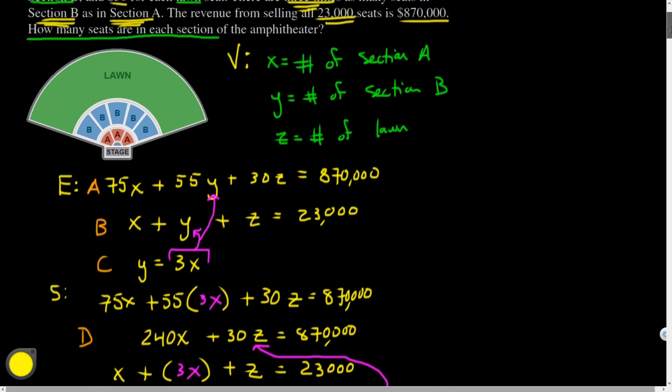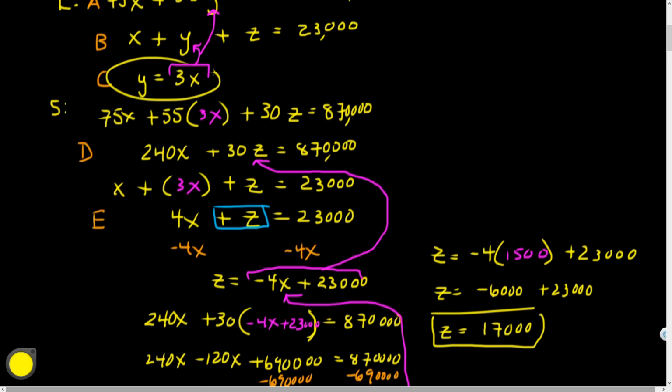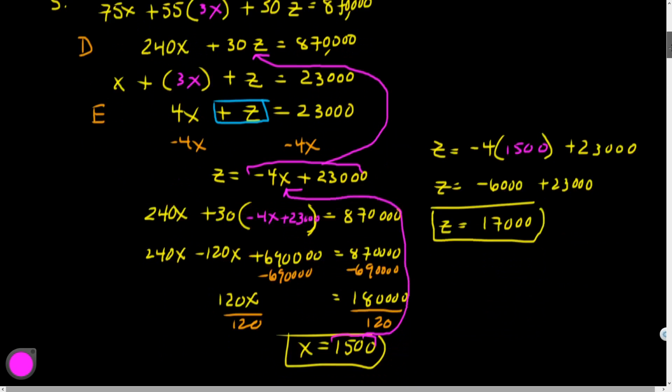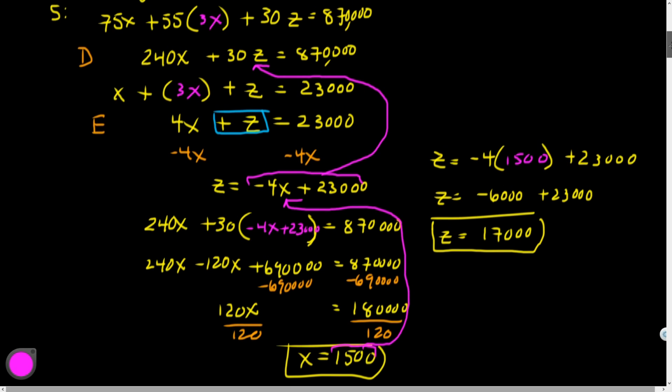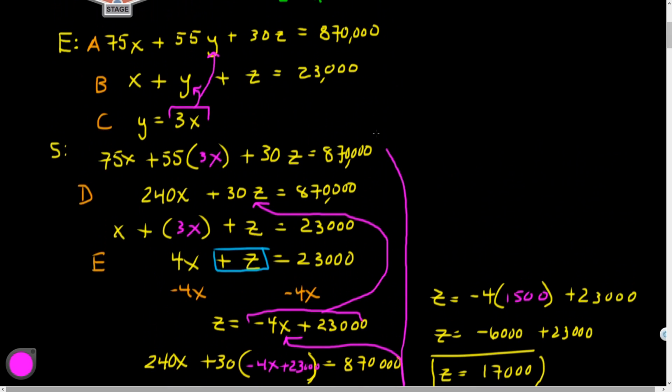And so now the only thing I've got to figure out is what's the number of seats in section B? Bravo. And the easiest place to find the value of y is right here. I technically could use this equation and plug in my value of z and my value of x and solve for y, but this one looks even easier. So I'm going to do the y equals and plug this in up here.